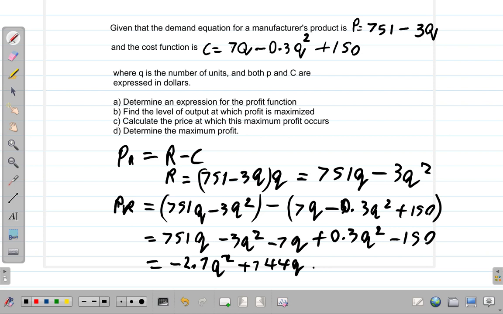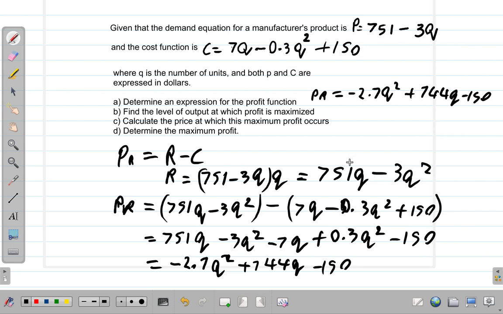What else? Minus 150. So there we have our profit function. In this case, PR equals negative 2.7Q squared plus 744Q minus 150. Good.